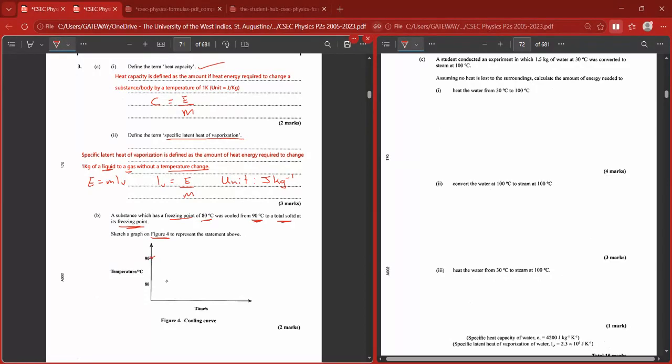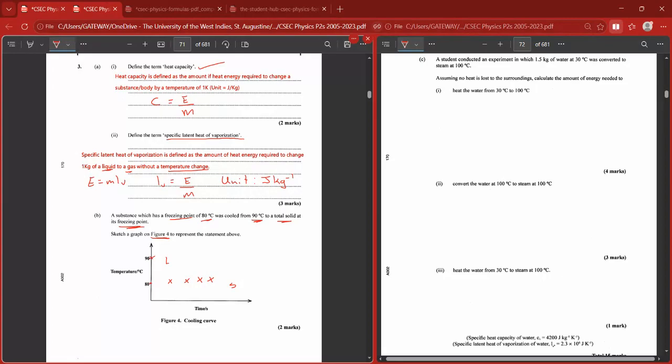After some time, the temperature of the substance will decrease to 80 degrees, and it will remain at 80 degrees for a period of time because cooling is occurring until it is a total solid. So you have liquid, and solid will be down here.